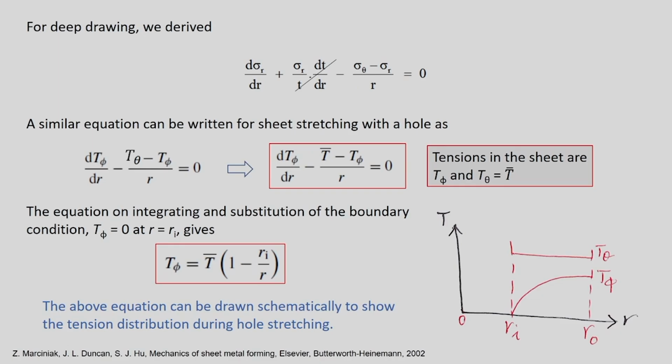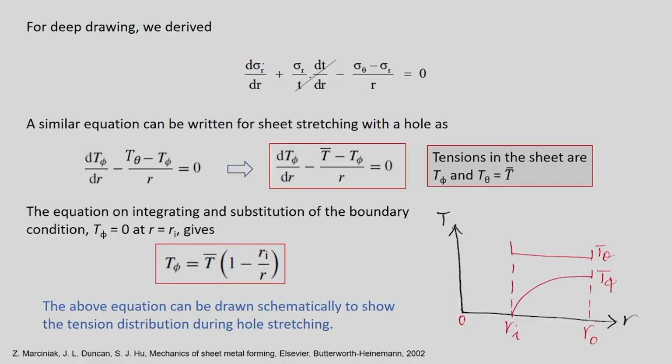In deep drawing we already derived that, you remember, we considered an element in the flange region and applied force equilibrium along the radial direction. You can see that d sigma r by dr plus sigma r by t dt by dr minus (sigma theta minus sigma r) by r equals 0. We also said the dt term will be 0, because t is not going to change, t is equal to t naught.